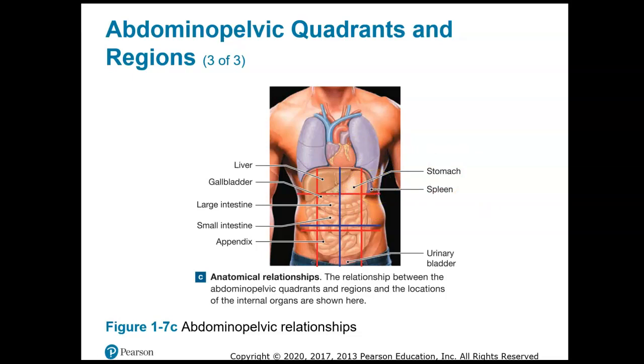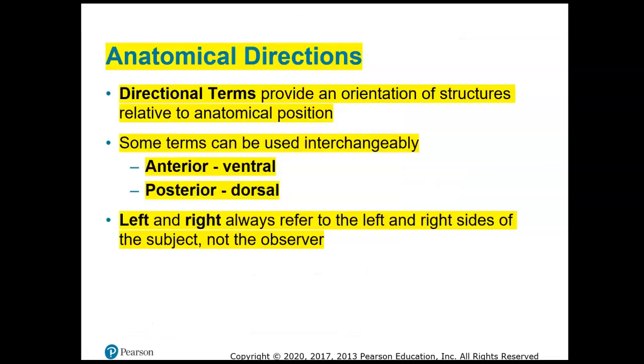So these are the types of questions you would have. You don't have to know everything by heart. Let's take another one that's easy to see. The appendix is located in the right lower quadrant, and it's located in the hypogastric or pubic region. I had to think about that one.